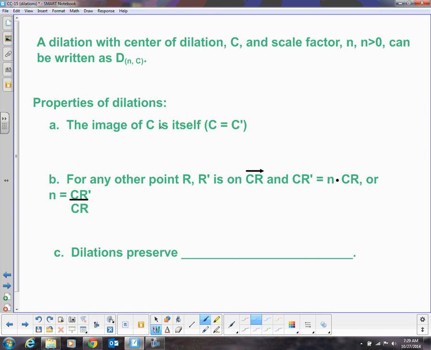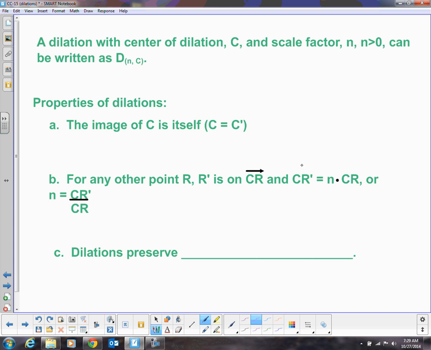The image of C, the center, is itself. For any other point R, R prime is on ray CR, so that means a ray starting at the center, passing through R, and the distance from C to R prime is equal to that scale factor times CR.